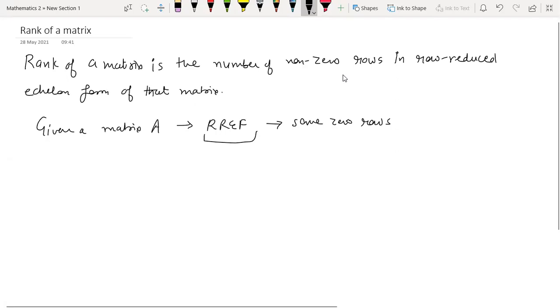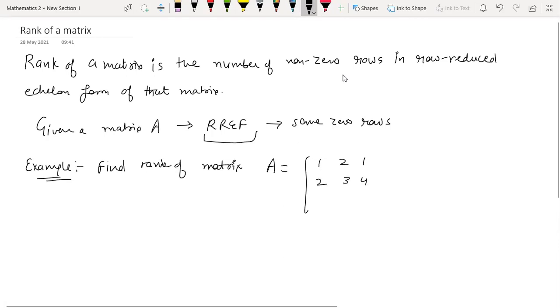So let's quickly do one example to find rank. I'm giving you 1 minute to do this question and tell me the rank.